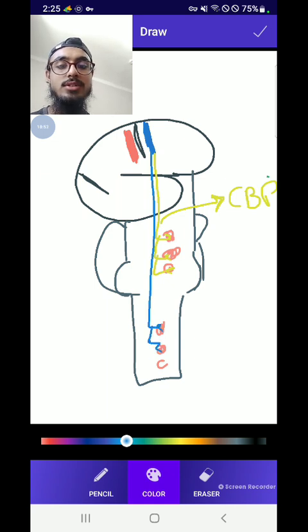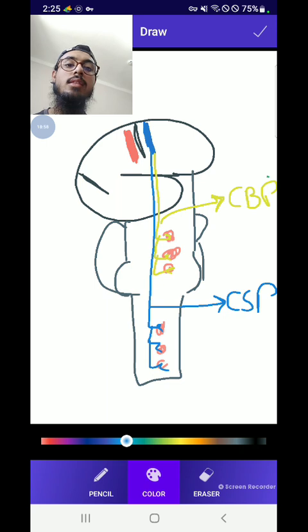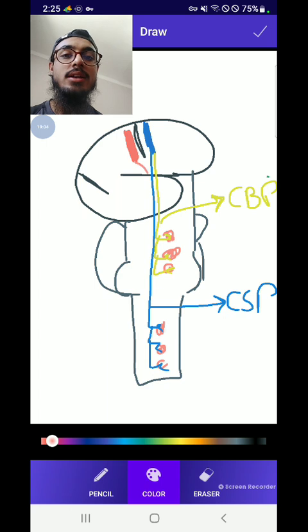And the motor activity which goes deep in this area, what is the name of this pathway? The second one is the corticospinal pathway. Okay, so guys, what is the important point? This sensory area also participates a little bit in motor activity, in the corticobulbar pathway and the corticospinal pathway.